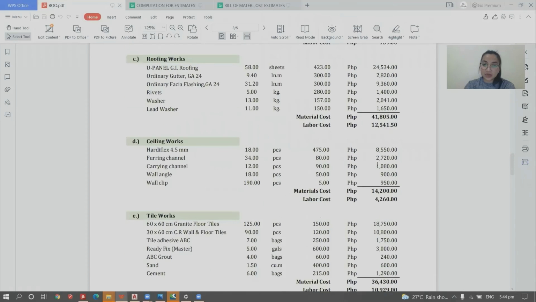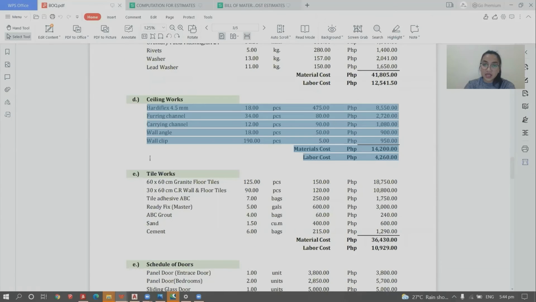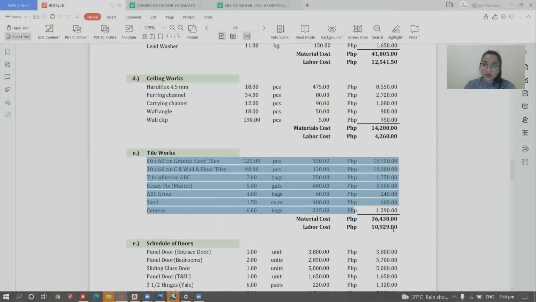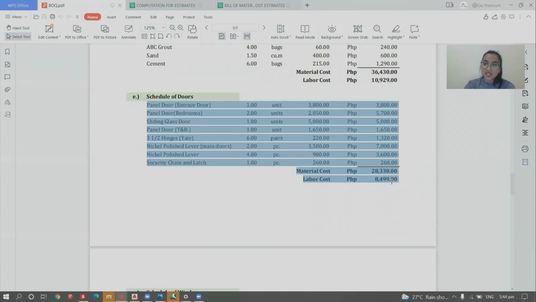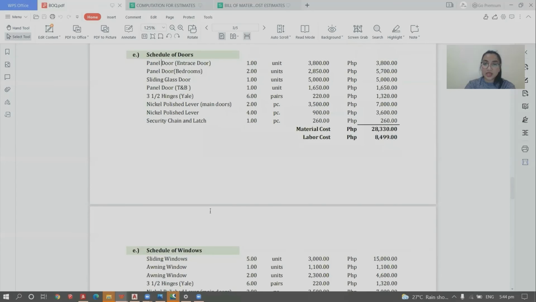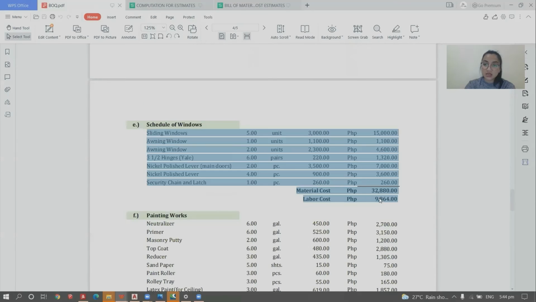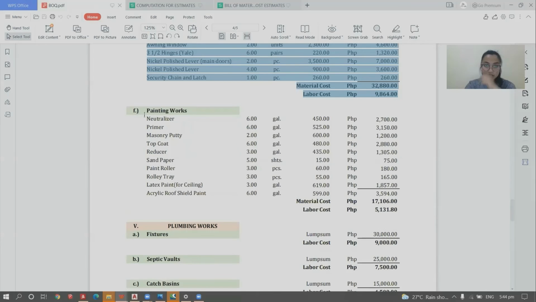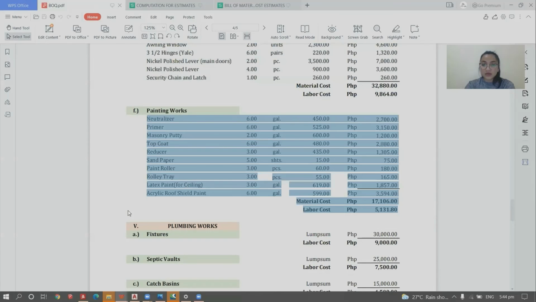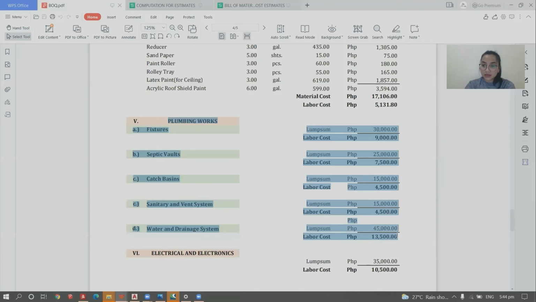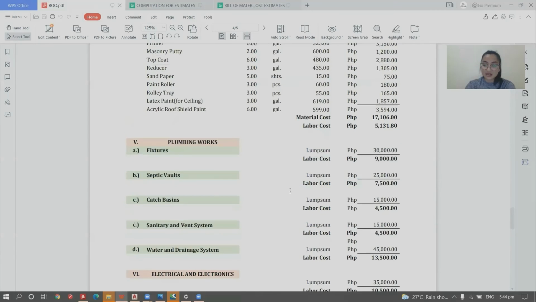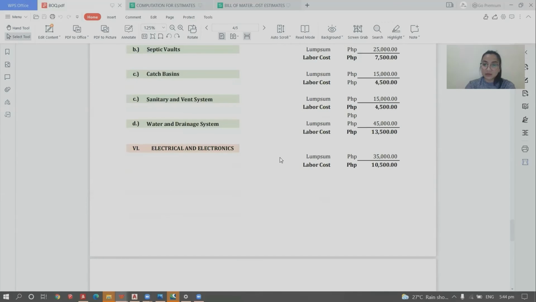Then we have ceiling works and tile works. Then the schedule of doors and windows, and then painting works. And for plumbing works and electrical works, it is lump sum to make the estimates more fixed.